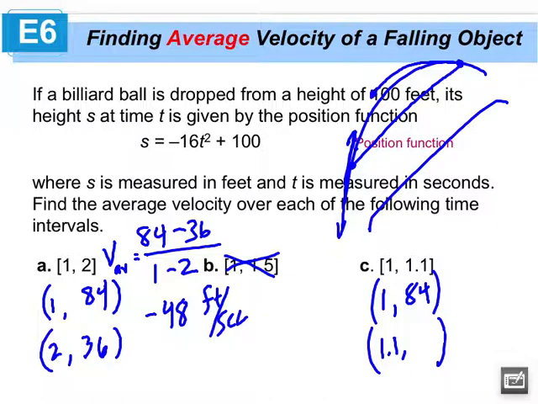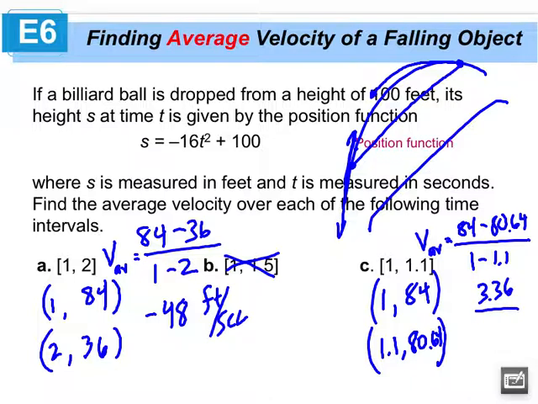80.64. Thank you. (84 minus 80.64) divided by (1 minus 1.1). 3.36 divided by -0.1 would be -33.6 feet per second.